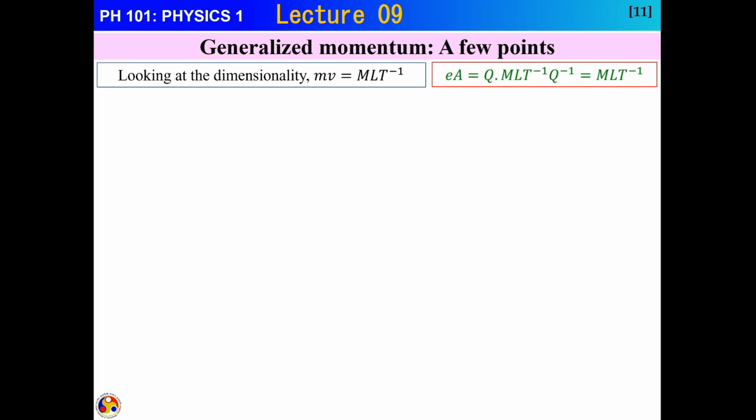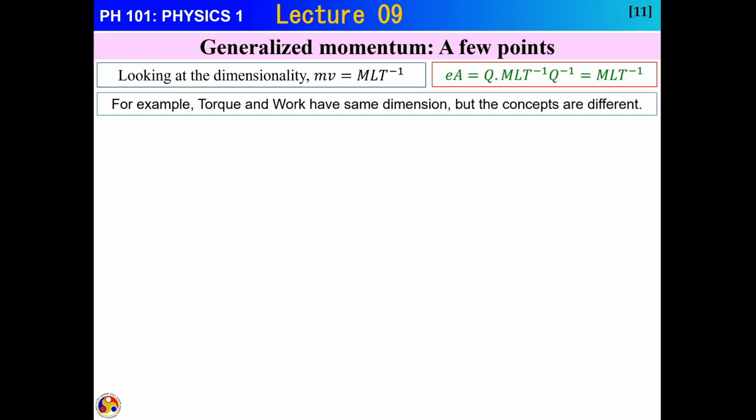But then the question comes to our mind: just because the dimensions match, can I just add whatever I feel like in a mechanical system to balance or to describe a generalized format? For instance, you can take torque and work.